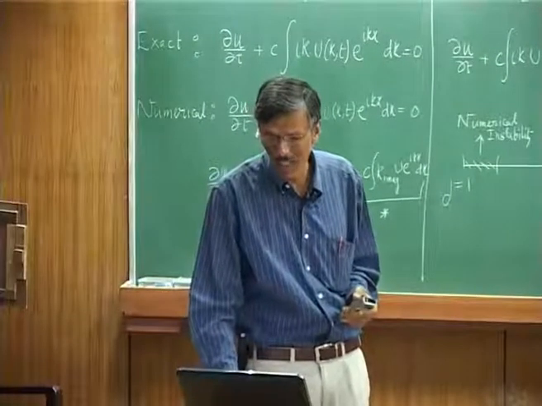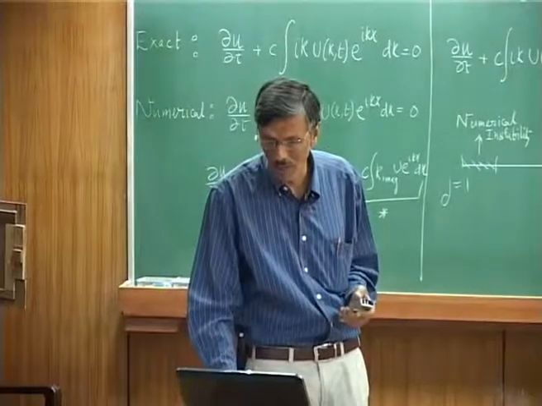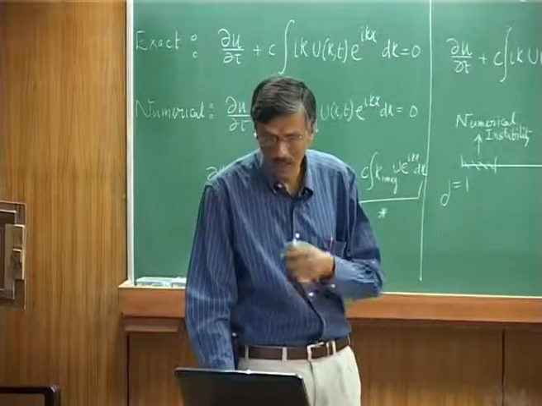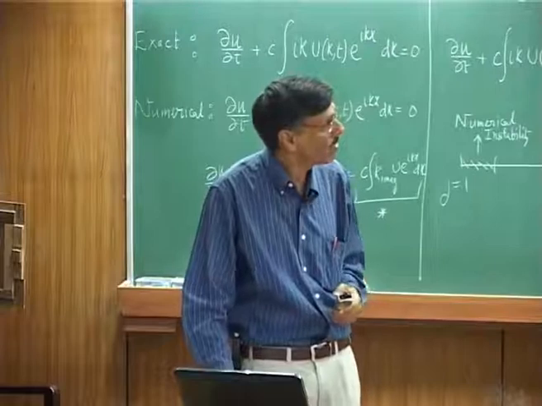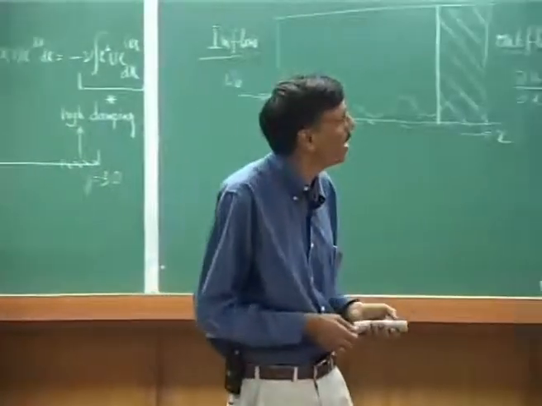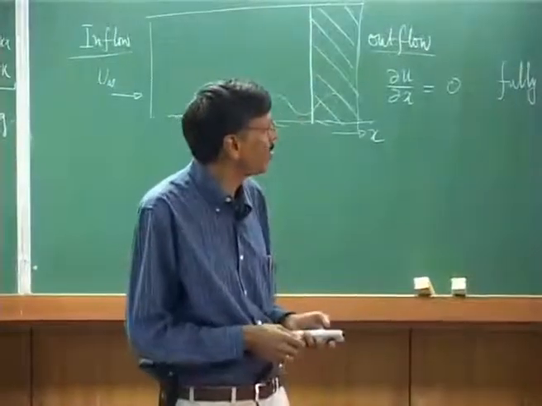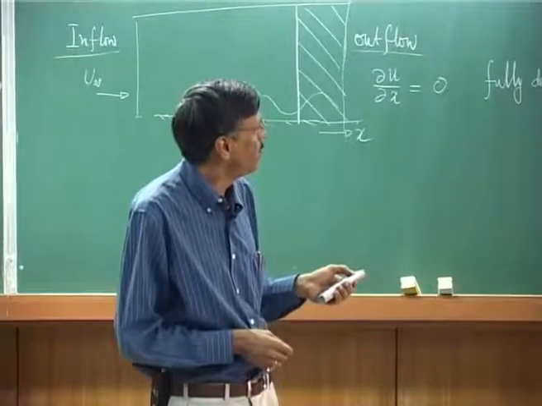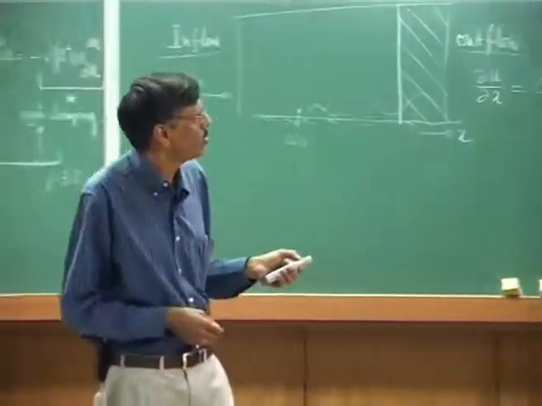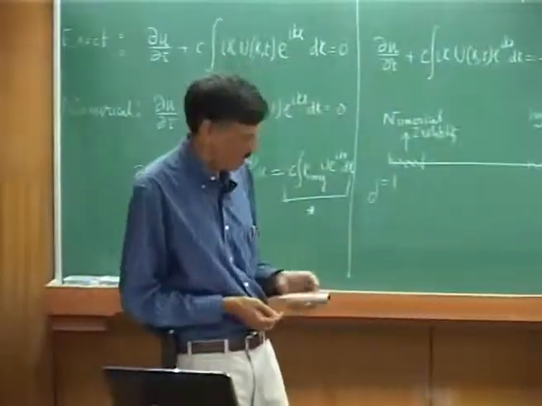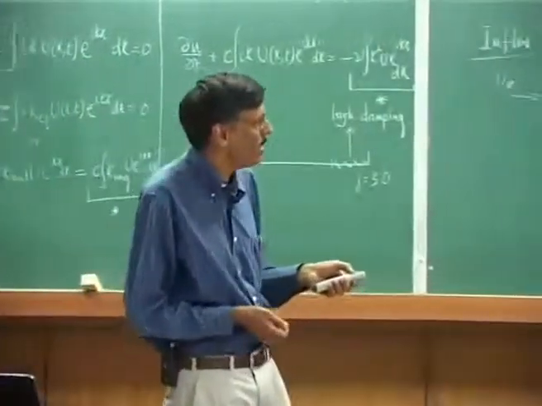Now, I think we can go back to where we were yesterday. We were looking at various schemes and how to improve the accuracy of the scheme, and I briefly mentioned the work of two scientists on developing new schemes which had the following property.